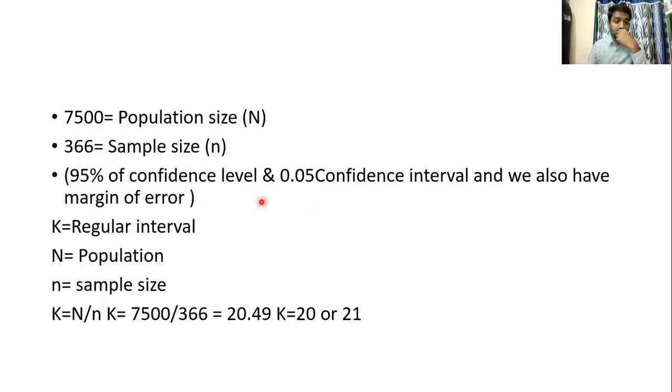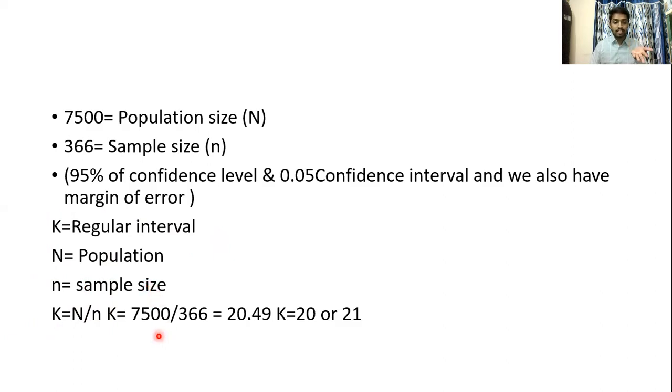Out of this, we are going to find K, the regular interval, which we don't know. The formula for the regular interval is K equals capital N divided by small n. K is the regular interval, capital N is the population, and small n is the sample size.